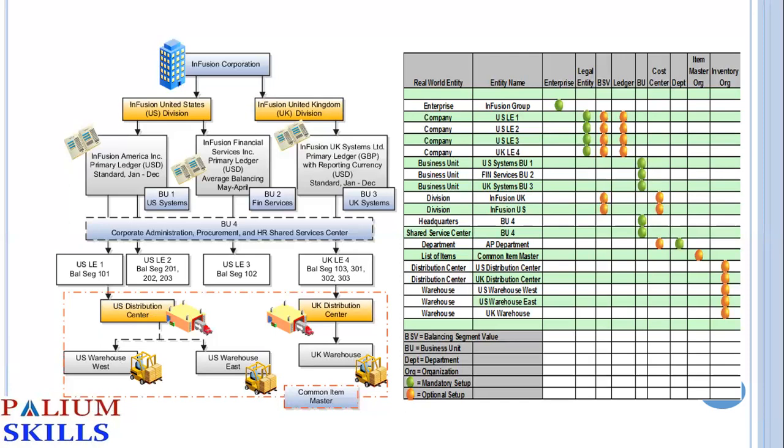They could either be finished goods or they could be raw materials also. And they are part of what we call the item master. Item master is the complete list of items that are defined within a particular organization. Inventory organization. Okay.